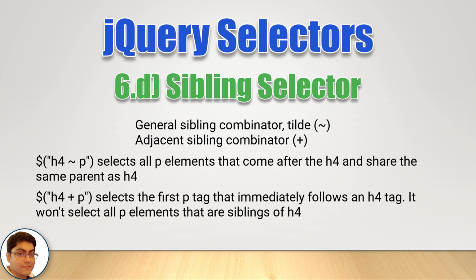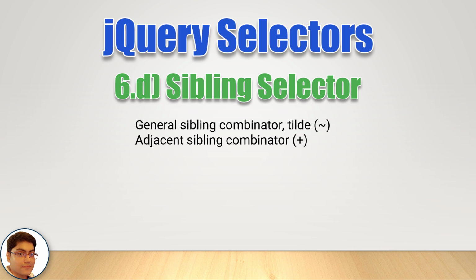It won't select all p elements that are siblings of h4. Remember, the plus sibling selector will select the sibling that is immediately after the current element, while the tilde sibling selector will select all siblings that are after the current element regardless of the order.